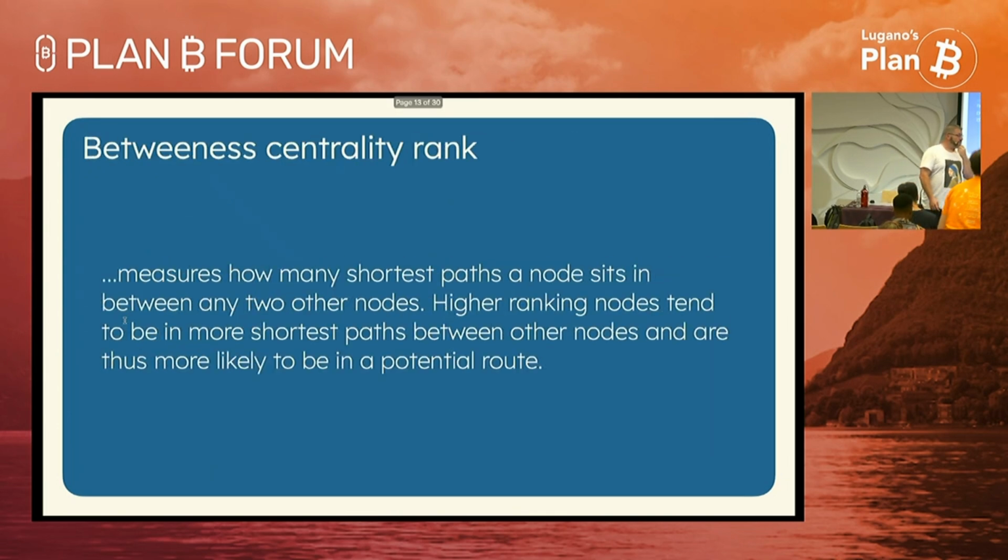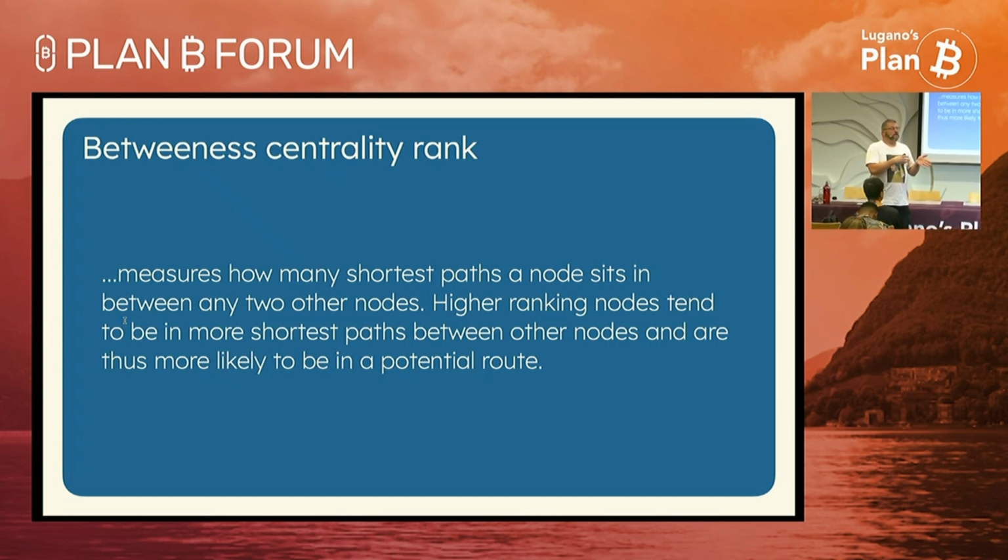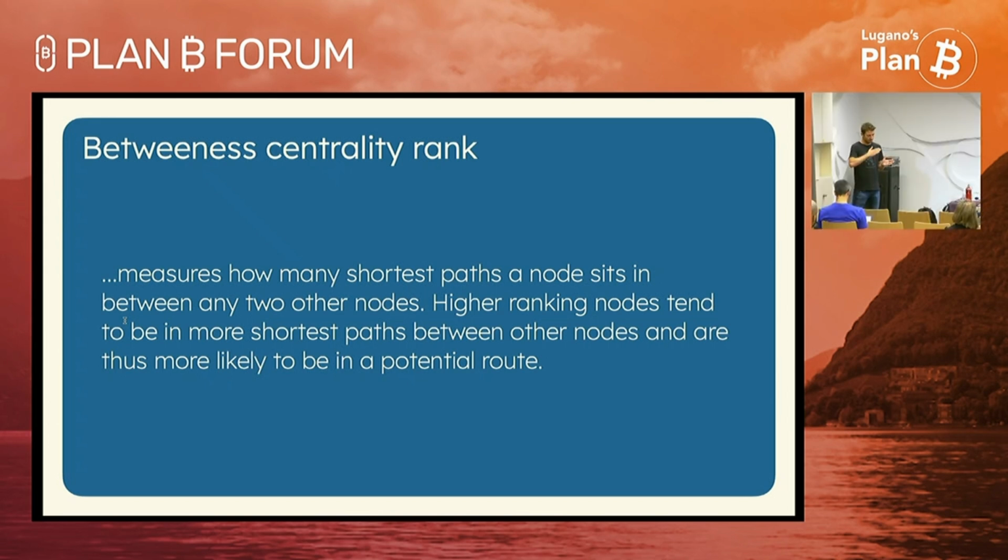The first one is the shortest path. If you take an arbitrary path from the network, this is the shortest path from A to B in this case, and the more of those shortest paths your node is part of, the higher is your betweenness centrality.